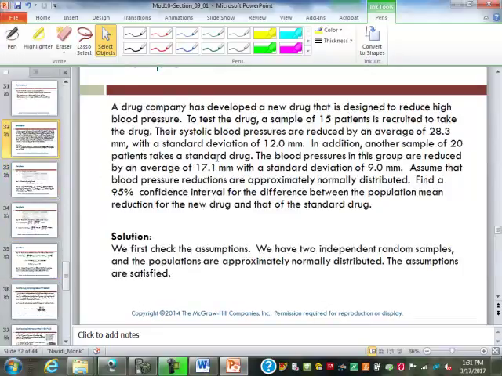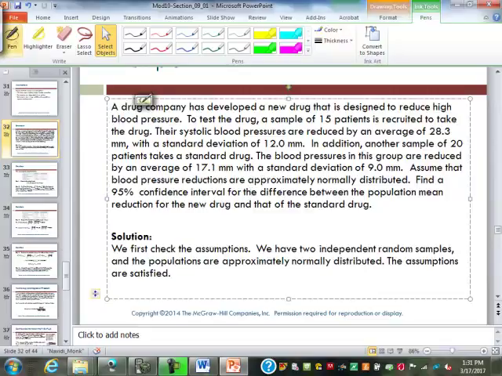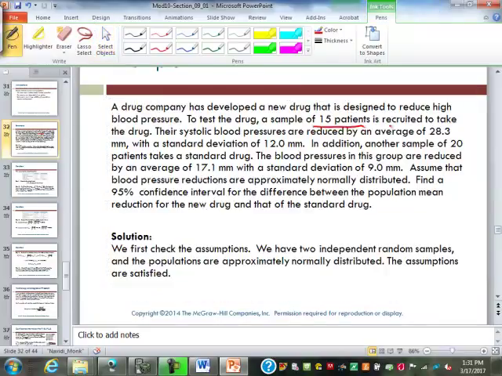So the drug company here has tested this new drug on a sample of 15 patients. That's smaller than 30, so we do have to check to see if it's normal. Their systolic blood pressure reduction averages 28.3 millimeters, with a standard deviation of 12 millimeters. In addition, another sample of 20 is taken.